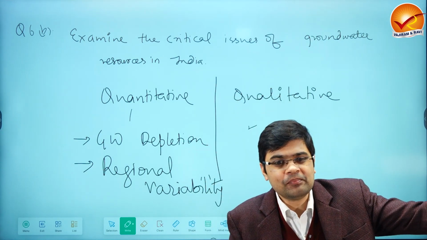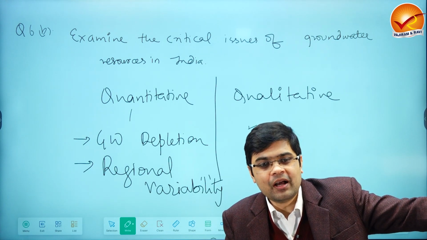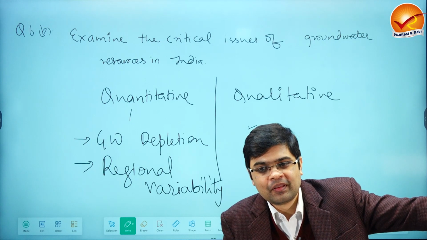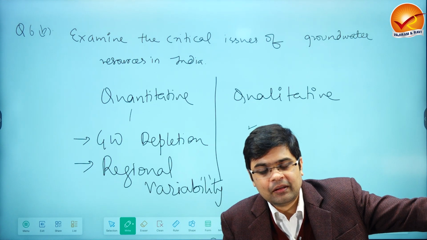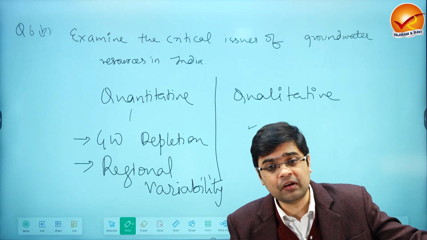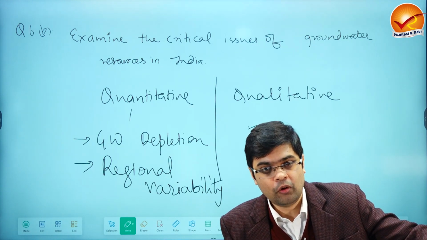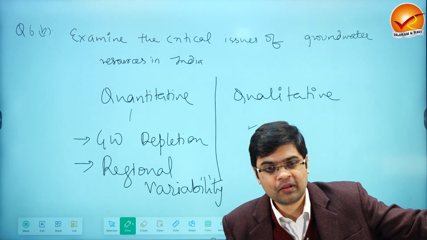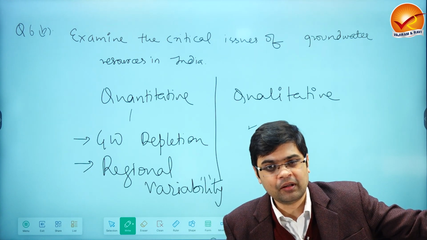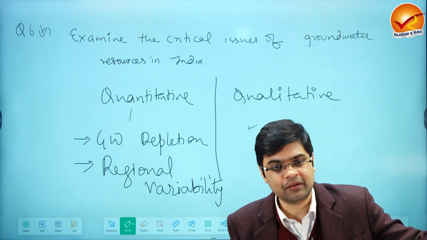RL Singh scheme, or the different rocks, consolidated, unconsolidated rocks. Now at the micro level, one very critical issue is who owns the groundwater, ownership rights. Groundwater is present under my land, groundwater is present under your land as well.